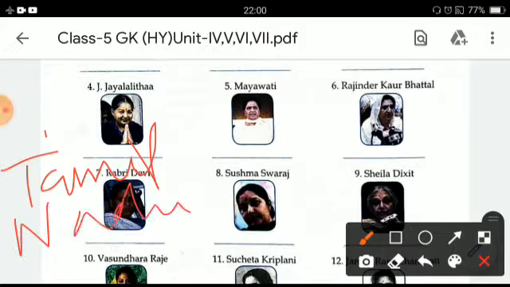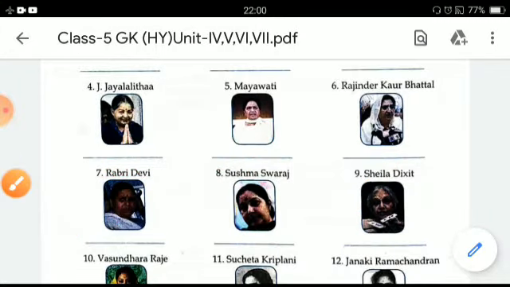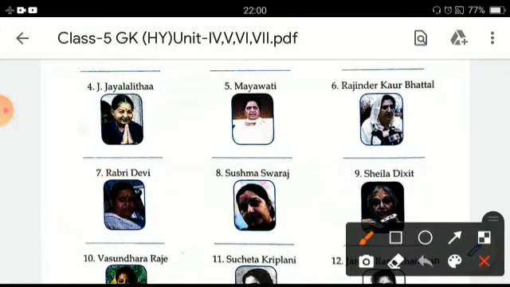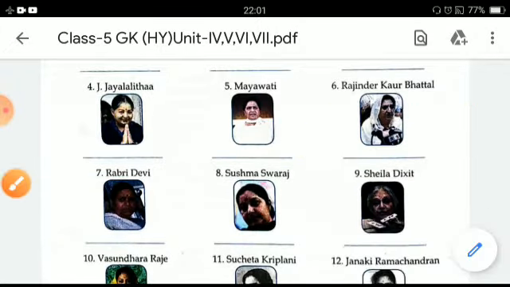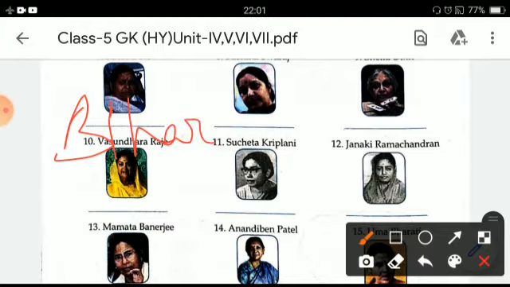Mayawati from Uttar Pradesh. Rajinder Kaur Bhattal from Punjab. Rabri Devi from Bihar. Sushma Swaraj from Delhi. Sheila Dikshit also from Delhi.